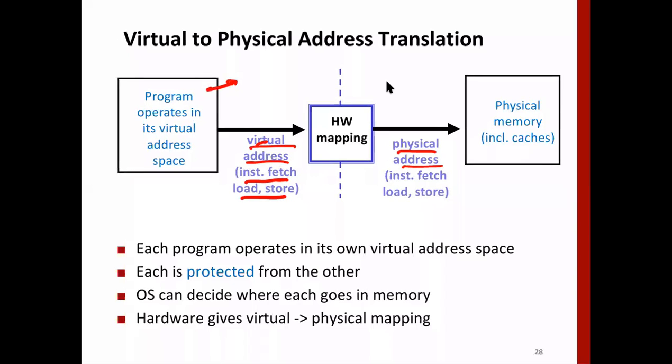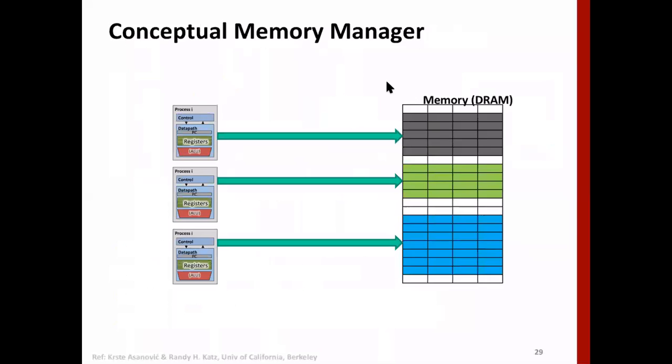So it is the OS that can decide where it goes into physical memory. We'll not look at how the OS decides where to put a program or part of the program into the physical memory. We'll study that in the OS course. So conceptually at a very high level, each process will get a part of memory.